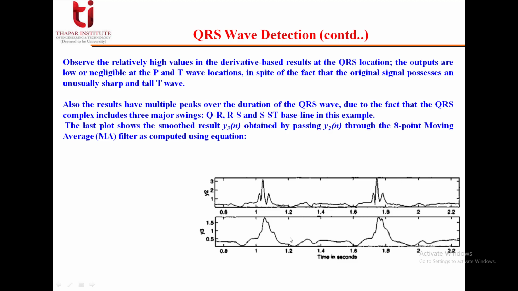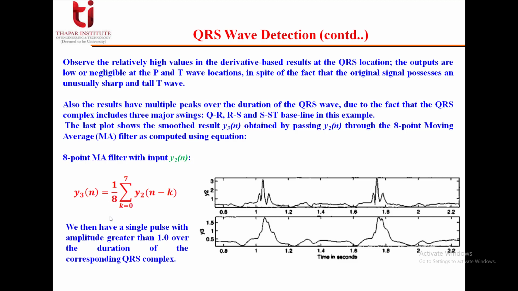We have applied smoothing to obtain y3(n) by passing y2(n) through a moving average, that is MA, filter, computed by the equation y3(n) equals 1 by 8 times the summation, k running from 0 to 7, of y2(n minus k). This moving average filter takes the combination of 8 respective output samples.